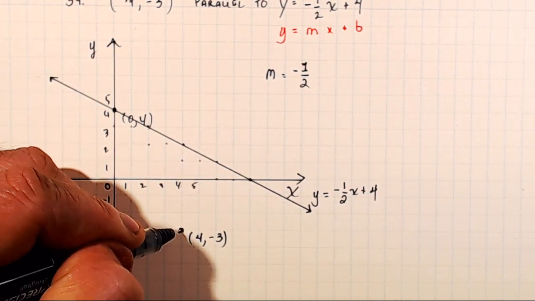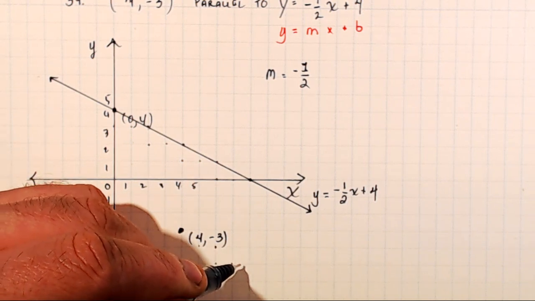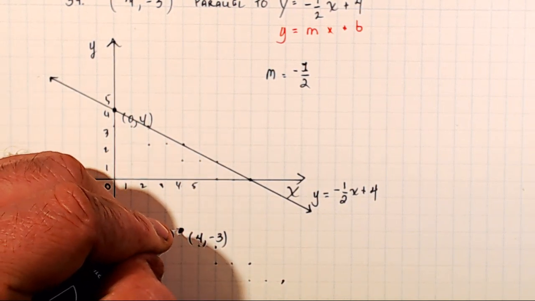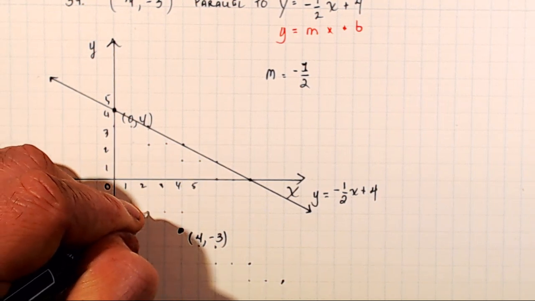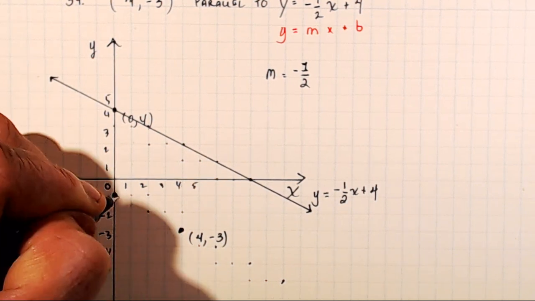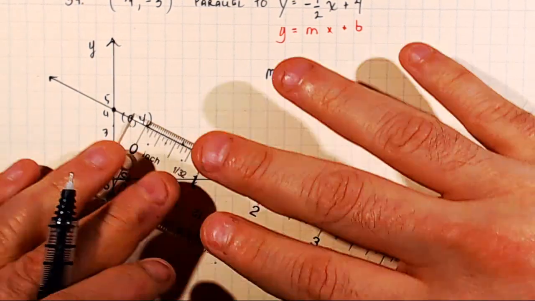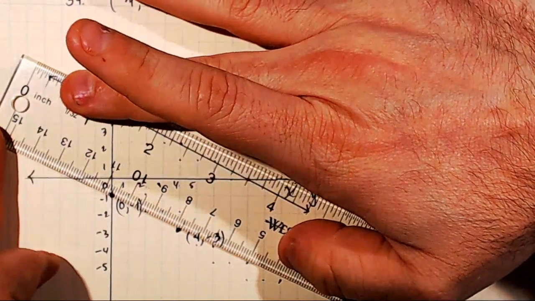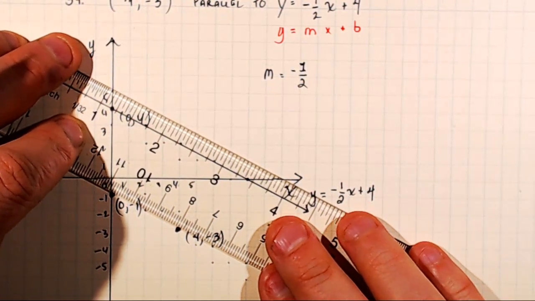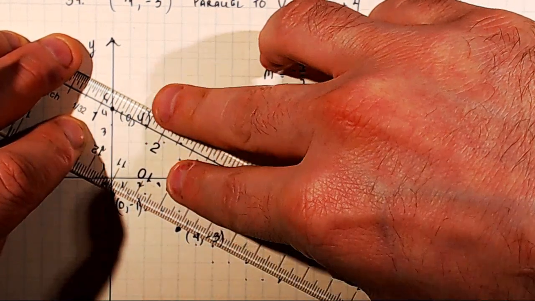I know the slope, so I can go down 1/2, down 1/2, down 1/2, just like that. I can also go up 1/2, up 1/2. And I just found my y-intercept at 0, negative 1. All right, so now I'm going to draw my line passing through all those points that I just graphed.